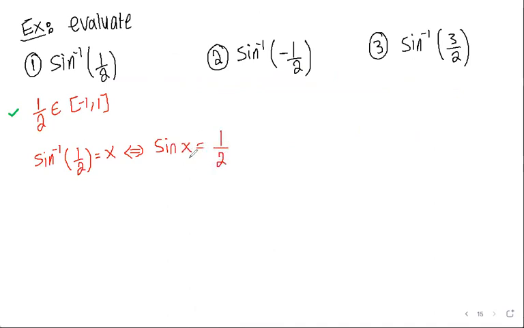You ask yourself, what is the value of x, for x in the interval from -pi/2 to pi/2? This is the only interval I can use. What value of x in this interval, if I plug it inside the sine, gives me 1/2?